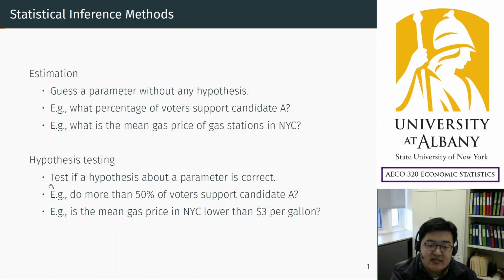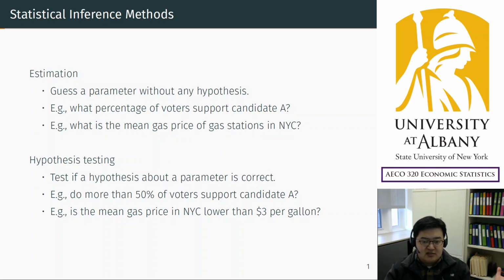So we are testing if a hypothesis or statement about a parameter is correct or not. So we have a prior statement, hypothesis, or belief about the population, without looking at the data.